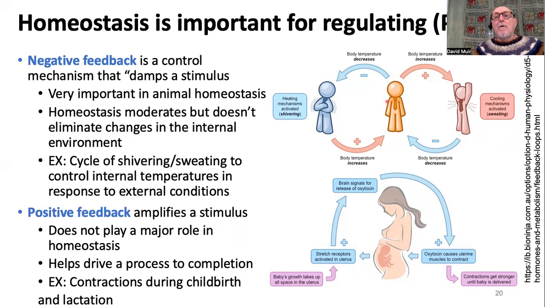If, for example, we enter an environment where the temperature is much higher than 37 degrees, and our body temperature begins to rise, or if we exercise very hard and we generate a lot of heat in the body, then the brain actually sees that our body temperature is rising above 37, and it sets off a series of involuntary responses. And those are cooling mechanisms, such as sweating, for example.